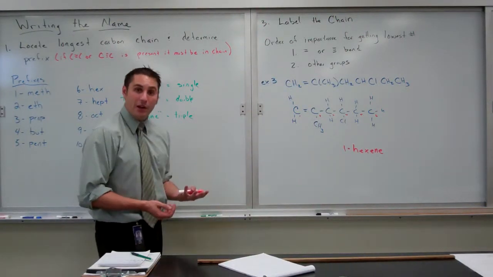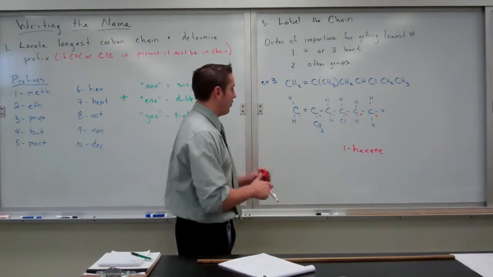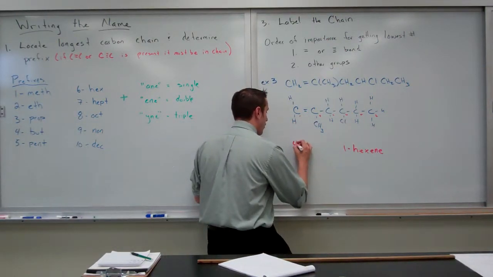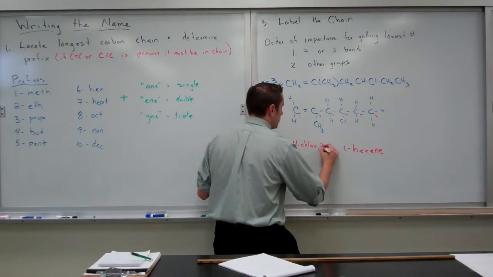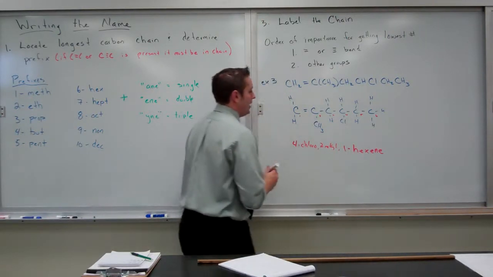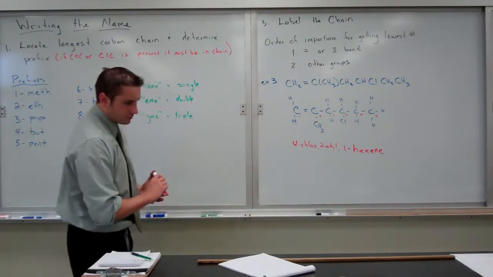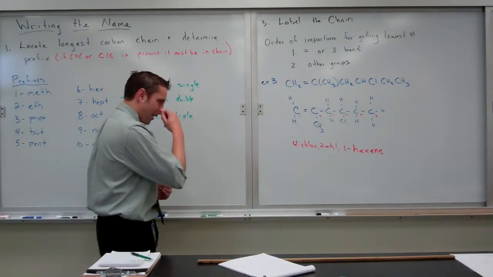It is alphabetical. Chloro is C, methyl is M. So I am going to write 4-chloro, 2-methyl, 1-hexene.